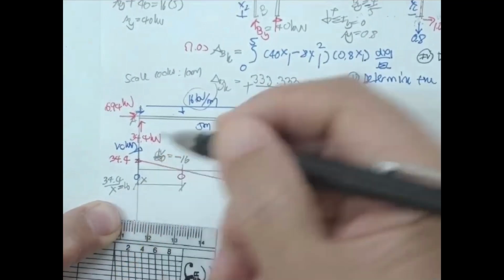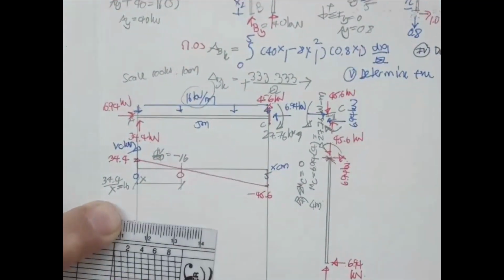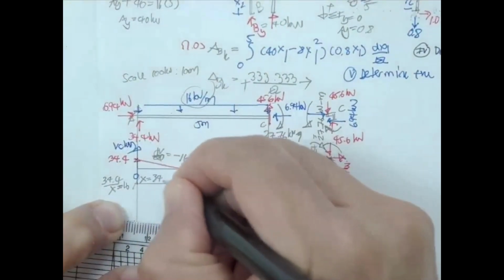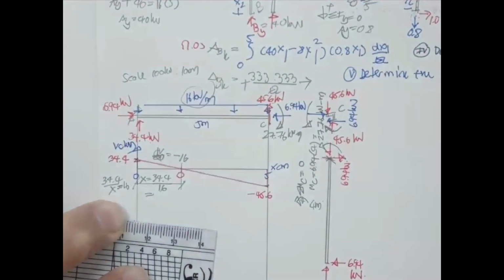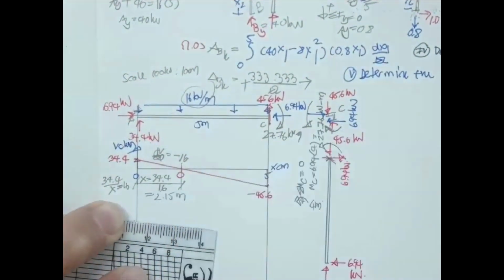So x is going to be 34.4 divided by 16, which gives 2.15 meter. Okay.